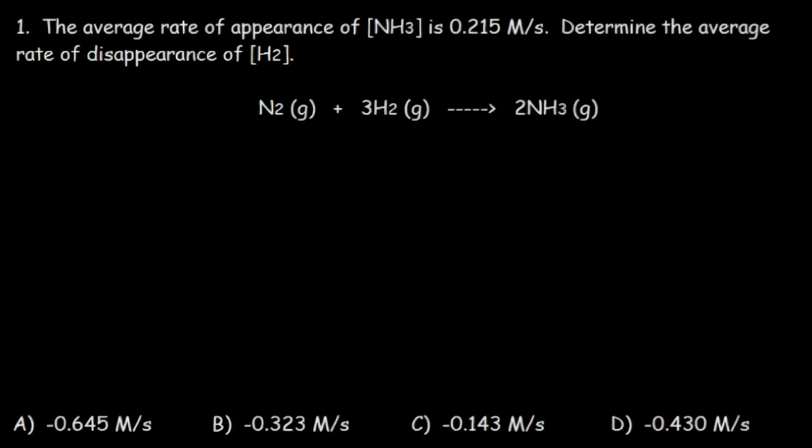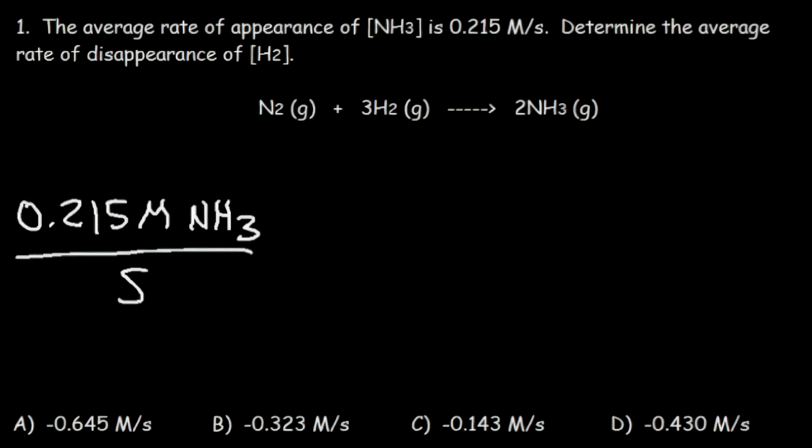So let's begin. Let's start with 0.215 M for NH3 per second. Now, molarity and moles are proportional if the volume is the same. And H2 and NH3, they're going to be in the same reaction vessel. So therefore, the volume, or the liters, is going to be the same.